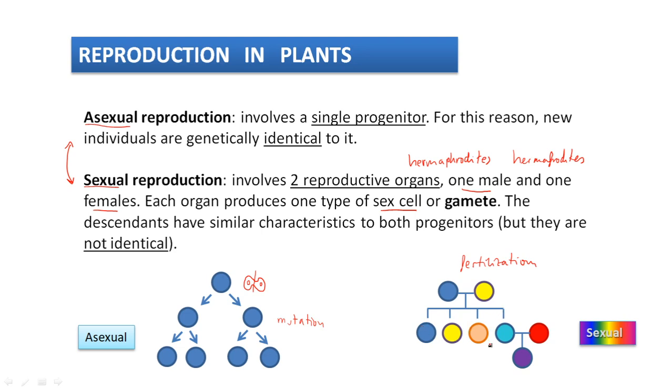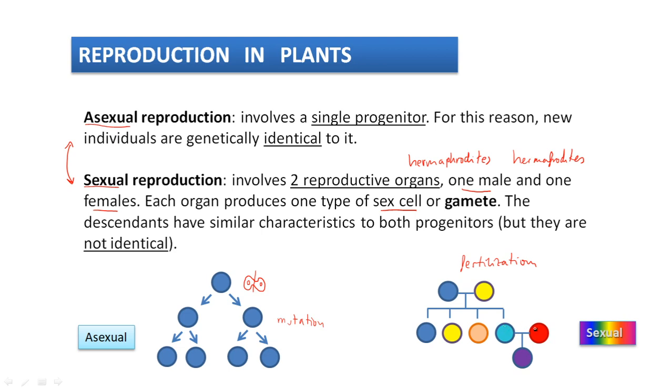That's what I want to represent with different colors. They are similar to the parents. The children are similar between them, but they are not identical. There are some differences. Imagine your parents, brothers and sisters. You share some characteristics. We look like our parents, but we are not identical to them.